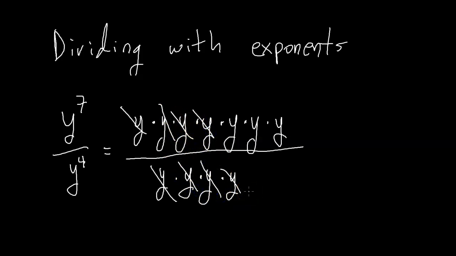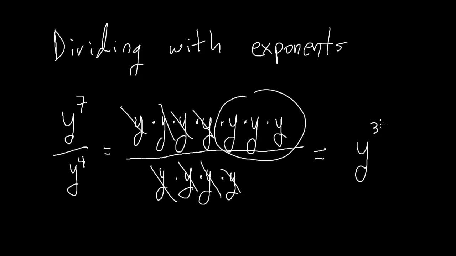Now it's been totally simplified, and what's left? There are 3 factors of y left in the numerator at this point, which means y to the 3rd power. So y to the 7th power divided by y to the 4th power is equal to y to the 3rd power.